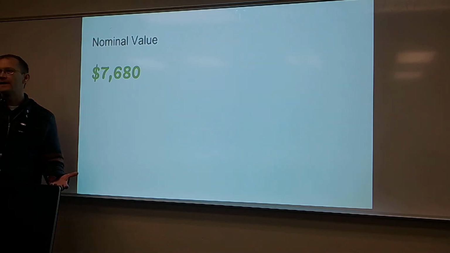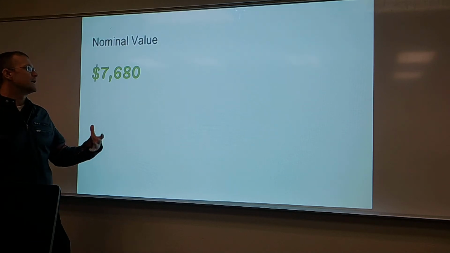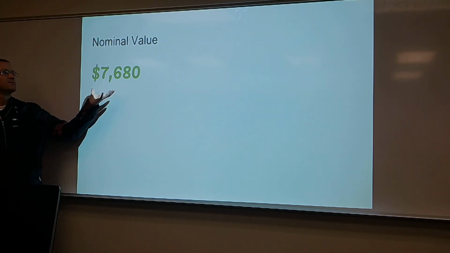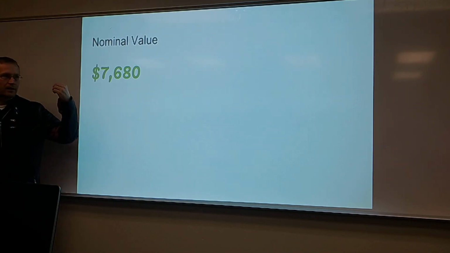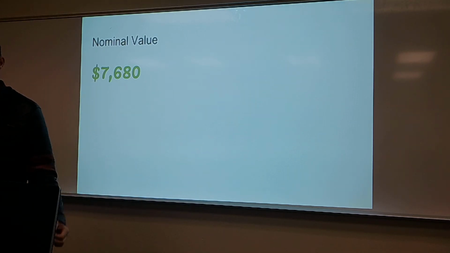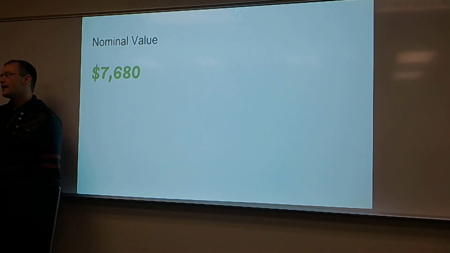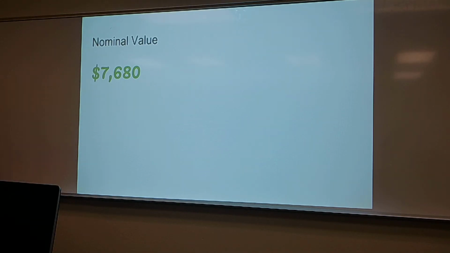The story without the data backing it up is all a bunch of BS, right? So the idea is to give you something tangible here. I aim to deliver on this promise, that I think that I can give you at least $7,680 of value as we go through this course, and I'll show you exactly how that's going to come about.